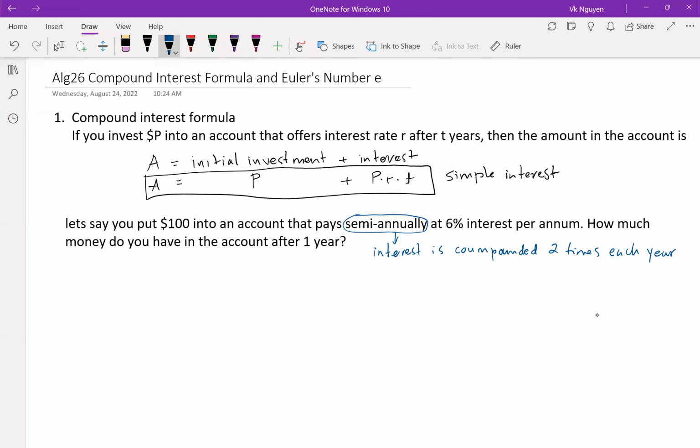And 6% is 0.06. We can get a table and figure it out.